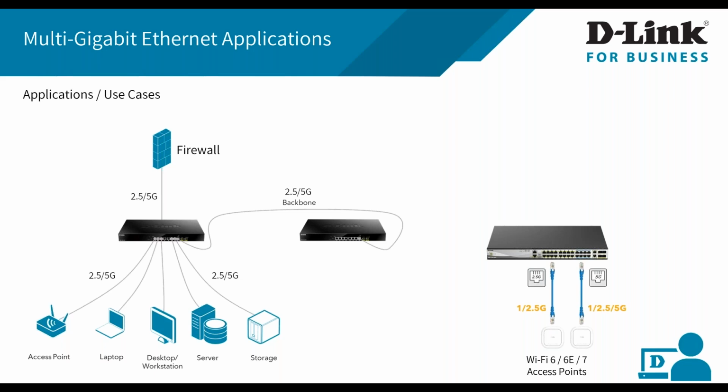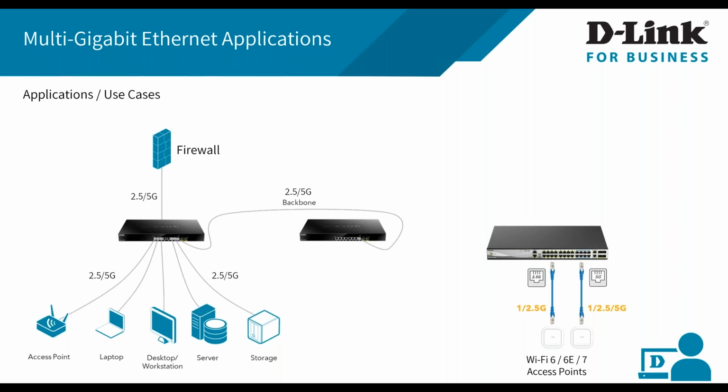Basically, there are many applications which will benefit from multi-gigabit Ethernet. We are seeing workstations coming with 2.5 Gbps ports. There are some high-end laptops with a 2.5 Gbps port, and USB to 2.5G Ethernet adapters for laptops. Then we have servers and storage with 2.5 Gbps and 5 Gbps ports.